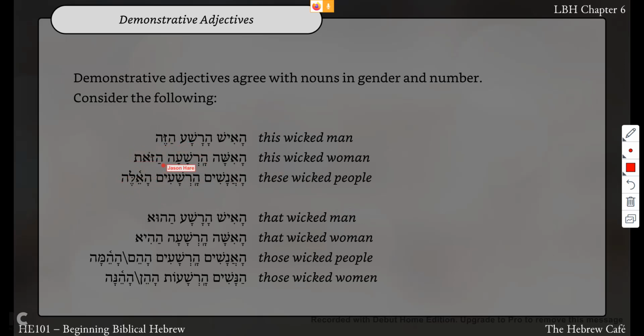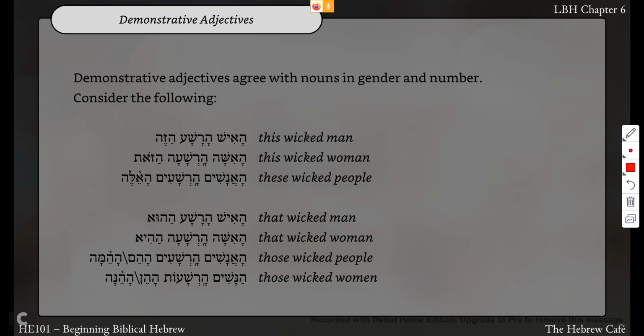Hazot, you might see hazo. You can have zot or zo, and they both mean this. We'll run into them and learn them at a later stage. Right now, we're going to keep it simple and use only these ones. So hazeh, hazot, ha'ele.